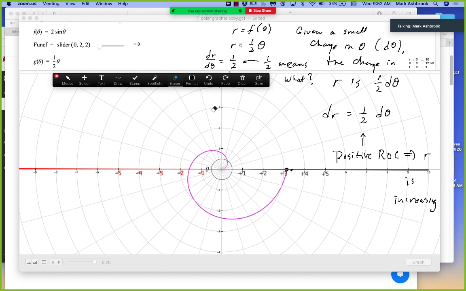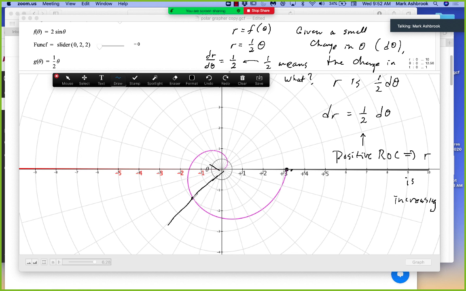Okay, excellent. What about at a particular value of theta? I'm going to pick this value of theta right here, and just focus in on that value of theta and this point of the graph.